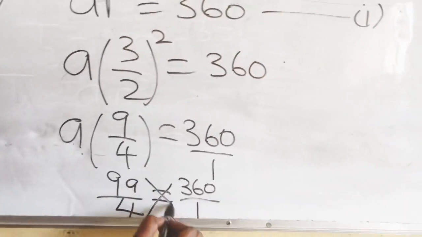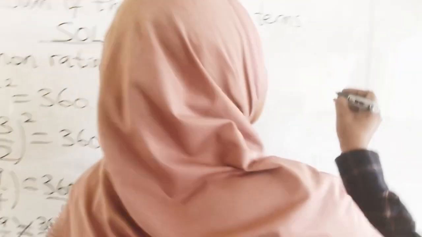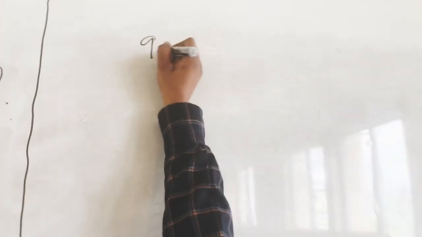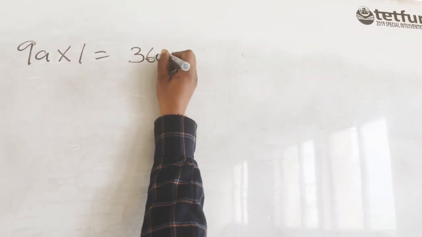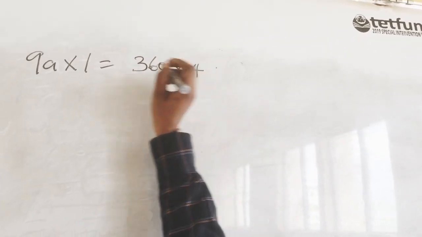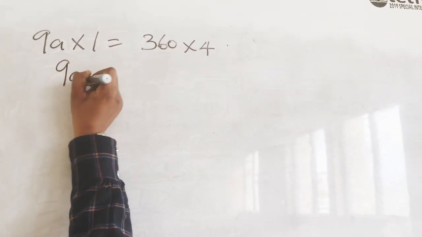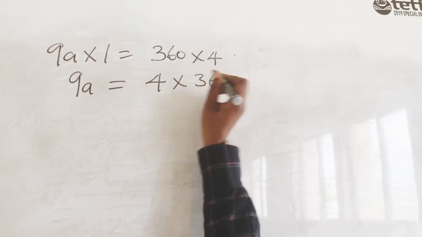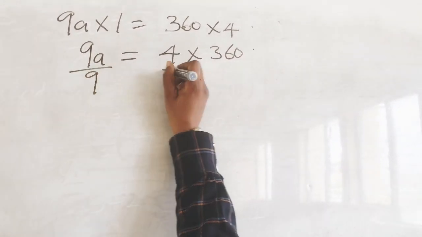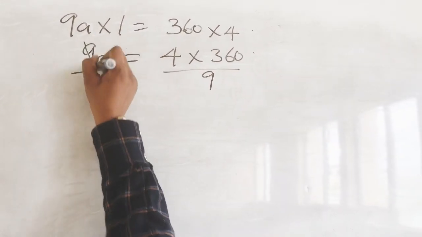So let's cross multiply. So 9A multiplied by 1 is equal to 360 multiplied by 4. So here we have 9A equal to 4 multiplied by 360. So divide both sides by 9. So this one cancels.